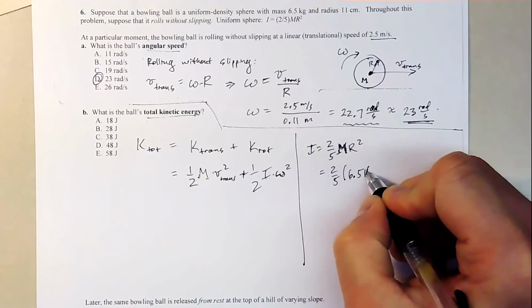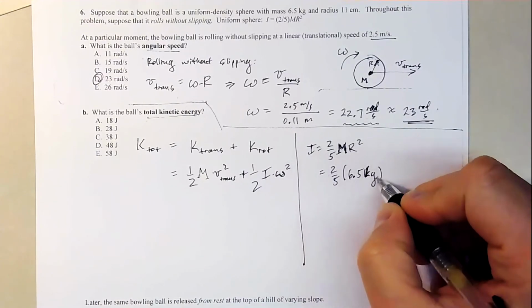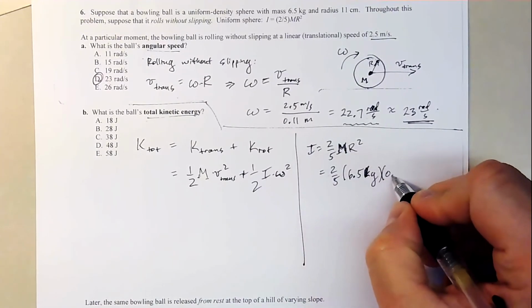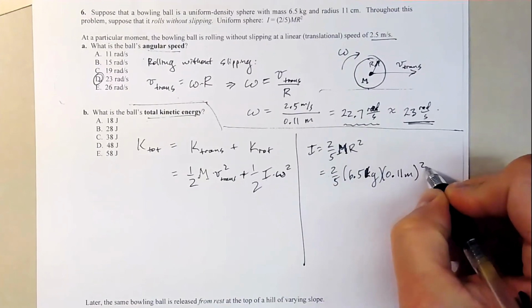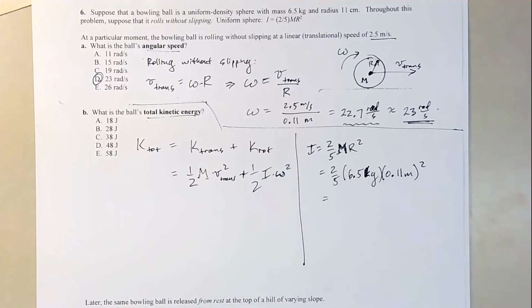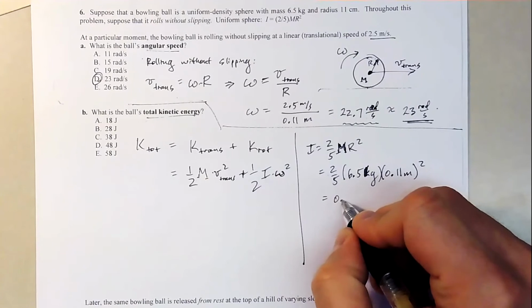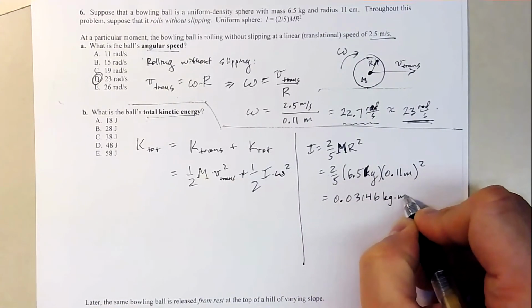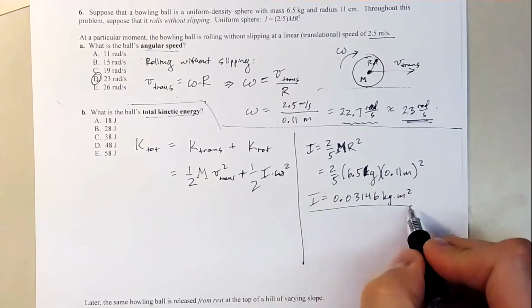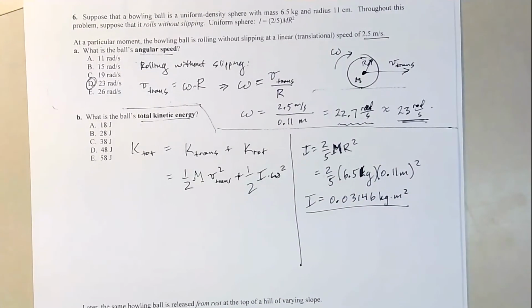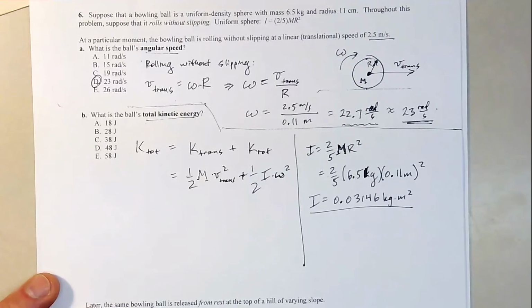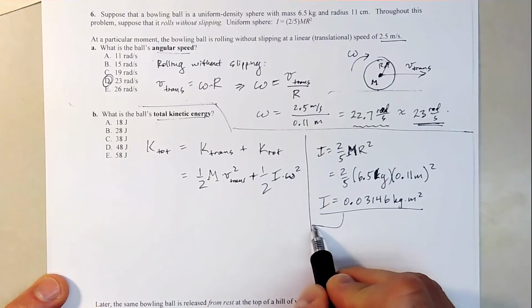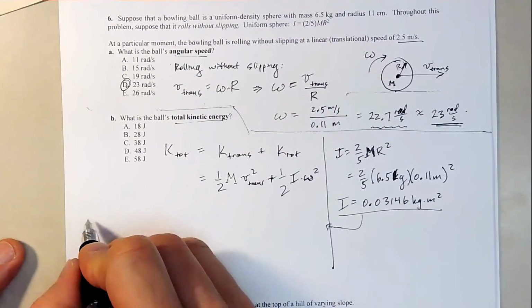We're given the mass as 6.5 kilograms, and we're given the radius as 11 centimeters. So the moment of inertia of the bowling ball is, again, I'm going to keep extra digits on this intermediate value. Now I can use this in the formulas on the left-hand side.